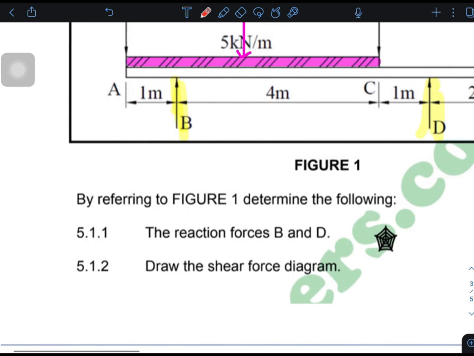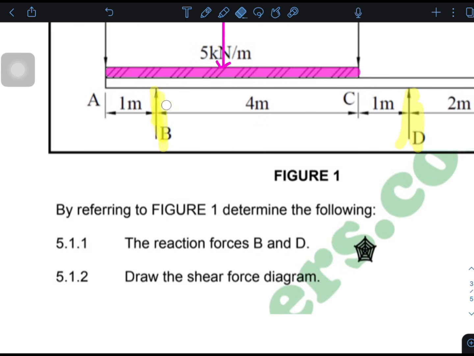Guys, what does that mean? It means I'm going to treat D as my turning point, and B I'm going to treat as a normal force, not as a reaction.